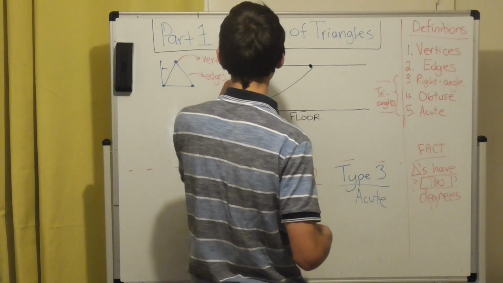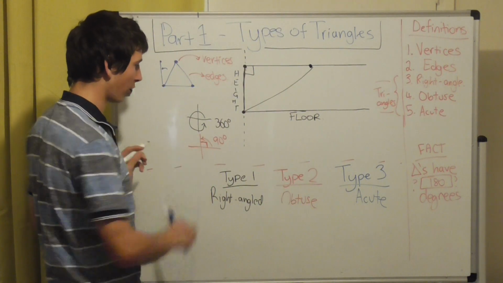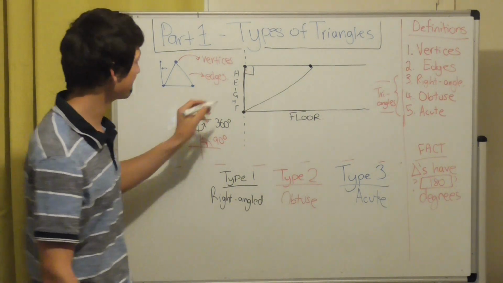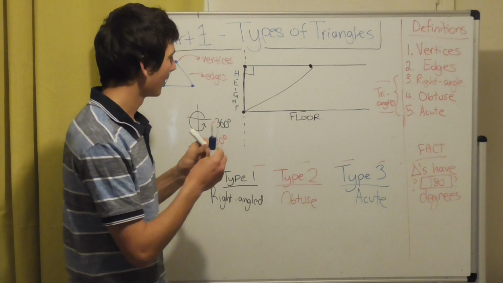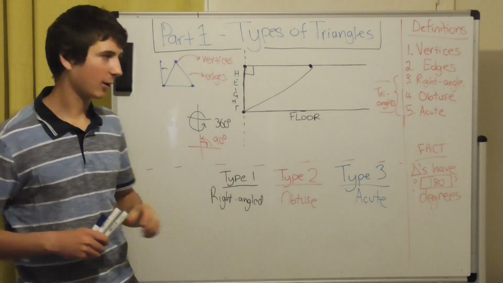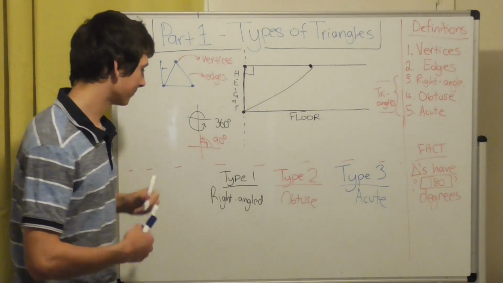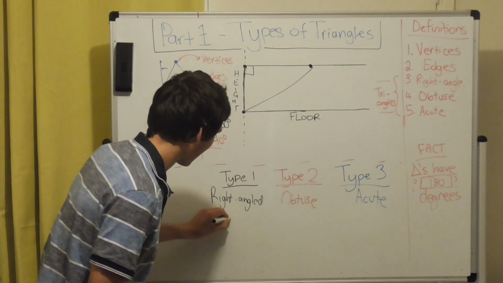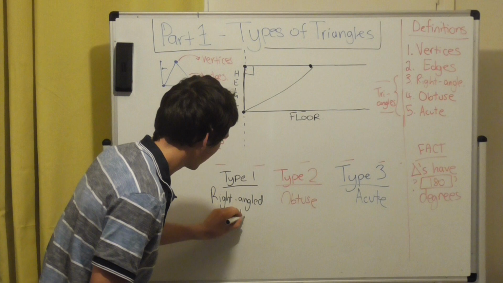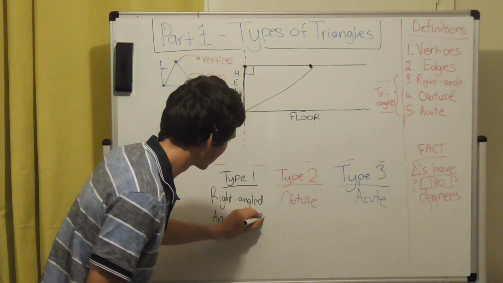So if I draw another point on this black line, what you'll find is, just like here where I've drawn this box, which means 90 degrees, this angle is 90 degrees. Now that's really useful, because we call that a right angled triangle, when an angle in the triangle is 90 degrees.